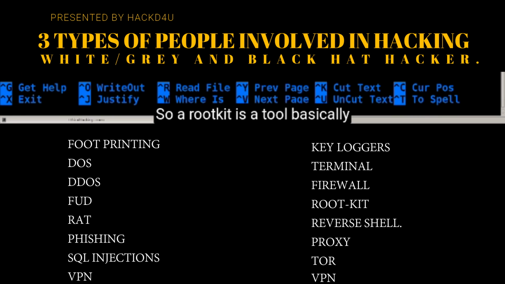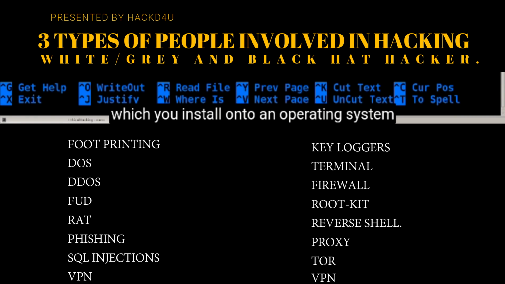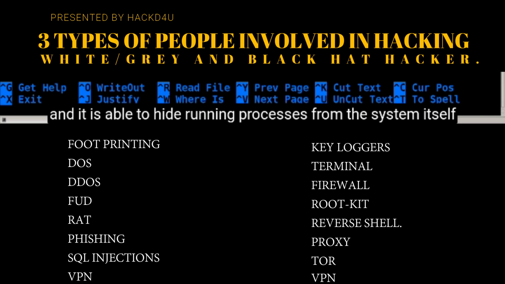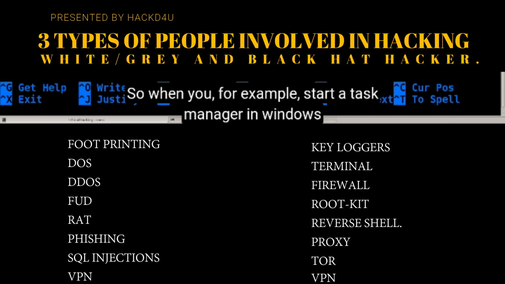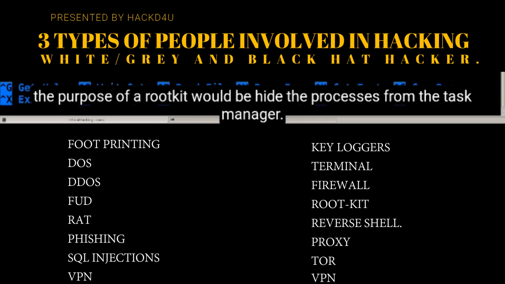A rootkit is a tool which you install onto an operating system, and it is able to hide running processes from the system itself. So when you, for example, start a task manager in Windows, the purpose of a rootkit would be to hide the processes from the task manager.